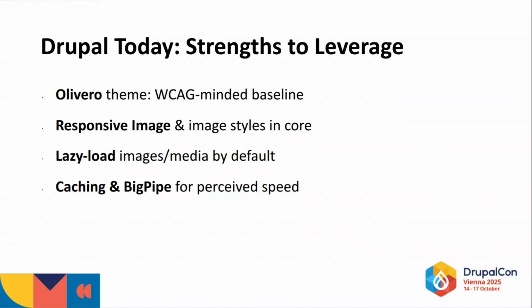So if you look at Drupal core today, you've got strengths in there already. You've got the Olivero theme, a theme that a lot of work has gone into to ensure its compatibility with WCAG. It's a really great baseline theme. The opportunity to do responsive imagery and image styles in core.